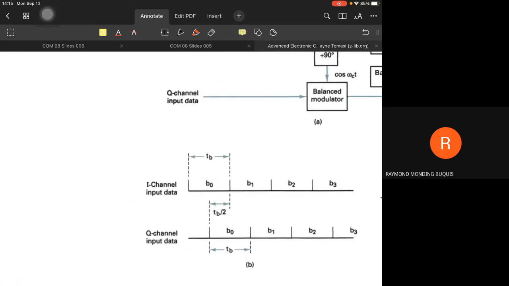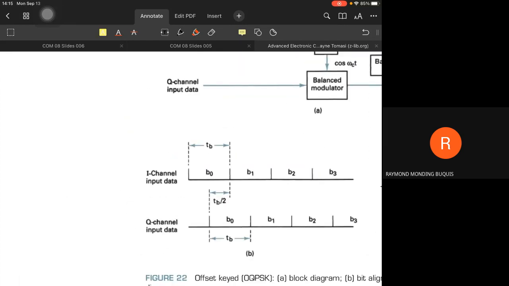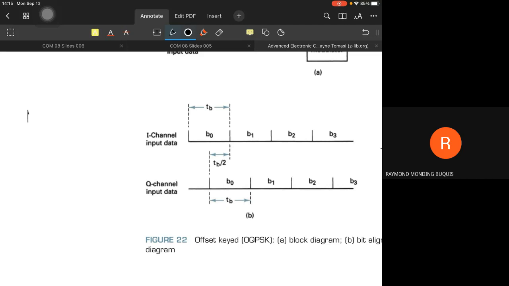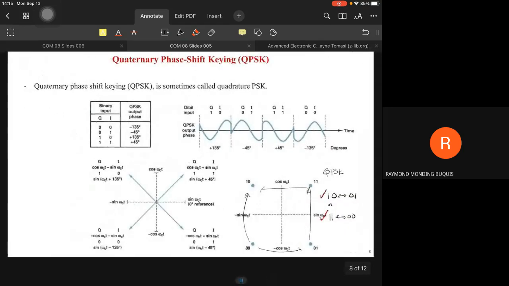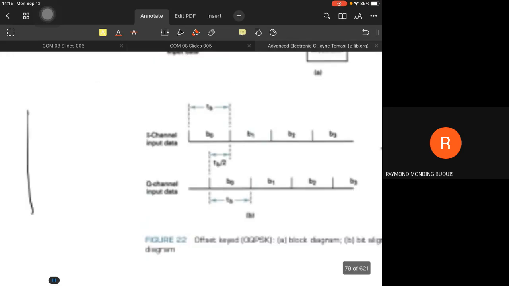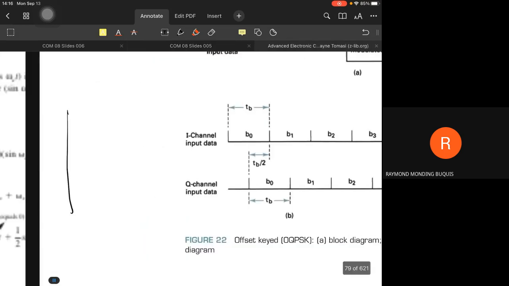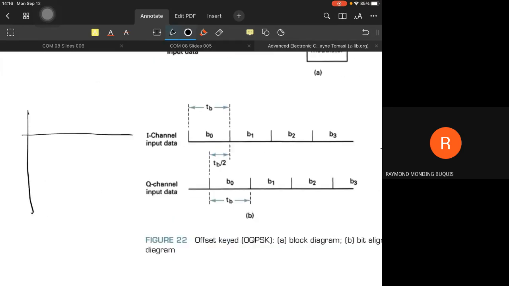Mas better siguro i-ikuha ng example. So ito nga mga transition, not allowed: 1, 0 to 0, 1 or 1, 1 to 0, 0. Example: 1, 0.